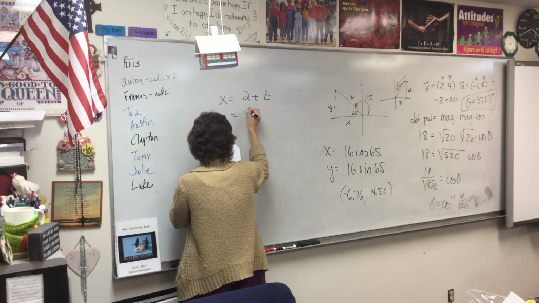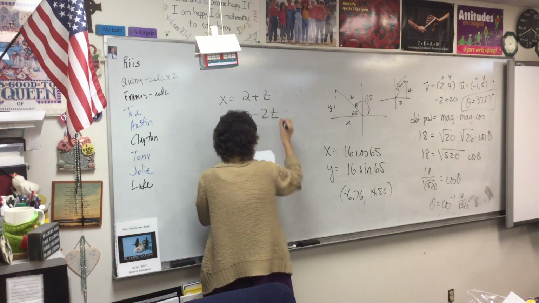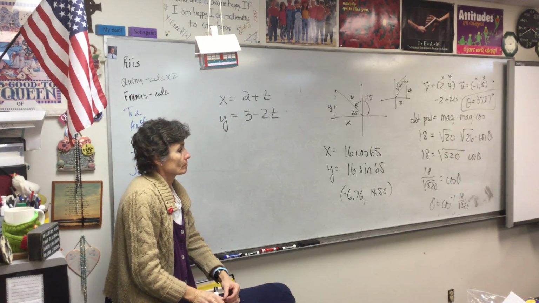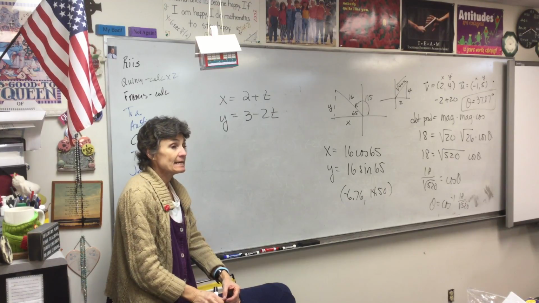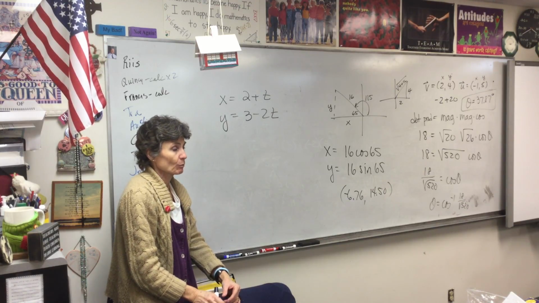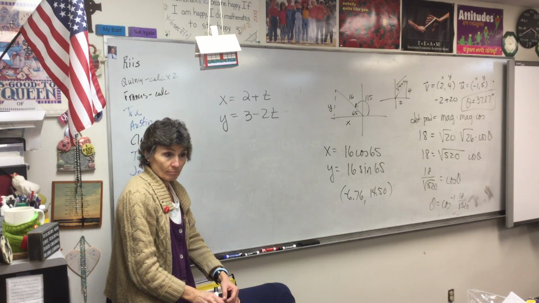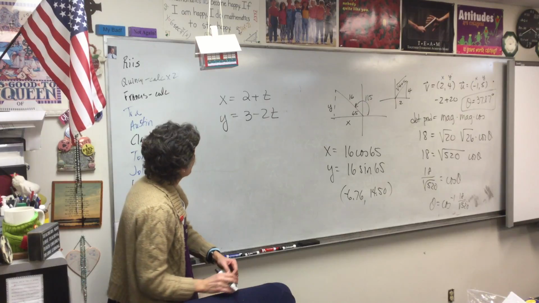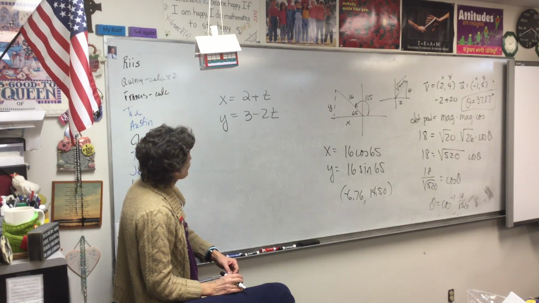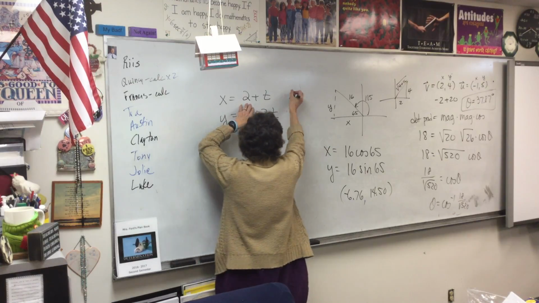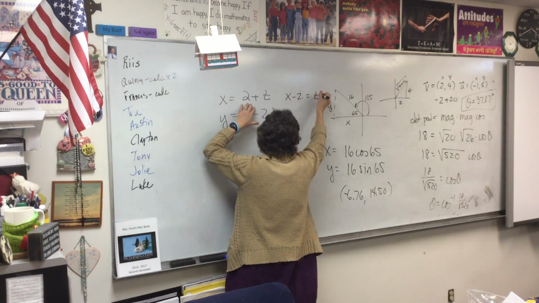Remove the parameter and write one equation. Okay, t is the parameter, so I want to get rid of t. How do I do that? What did Joseph say it equals? Okay, so take this top equation and subtract 2 from both sides.